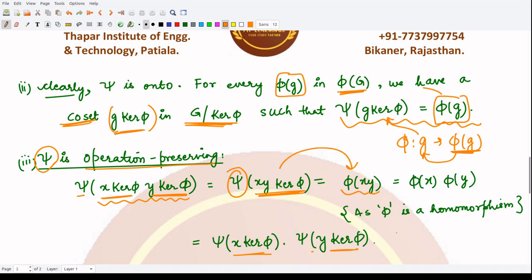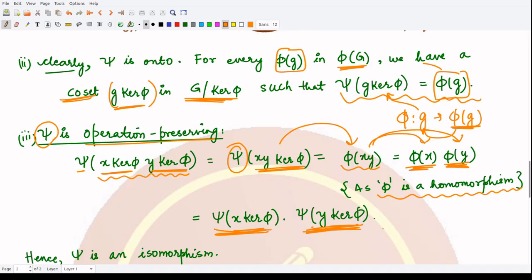Because phi is a homomorphism, it has the operation preserving property, so this can be written as phi of x times phi of y. Phi of x is psi of x kernel phi, and phi of y is psi of y kernel phi. And this is what we wanted to prove. Hence all four conditions are satisfied.